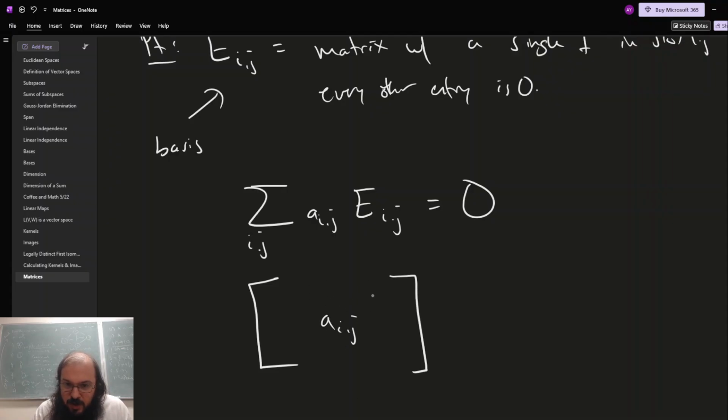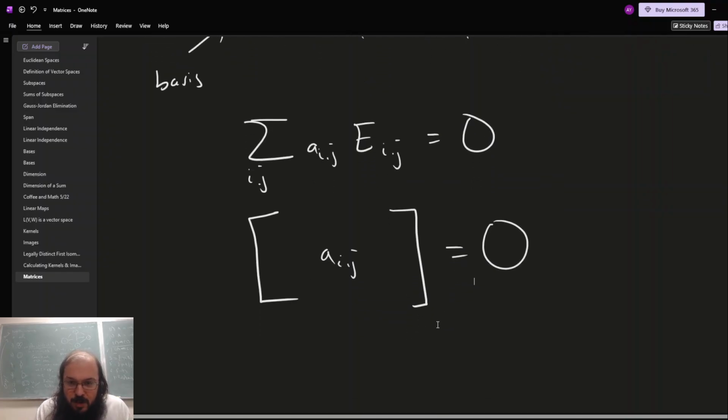I don't really know how else to write this because I'm saying A_11 times the matrix which has a 1 in the top left corner, and then you have A_12, which has its next entry, and then A_13, and so on. When you combine all those matrices, you add them up using the definition we just gave, that would be the big old matrix whose entries are A_ij.